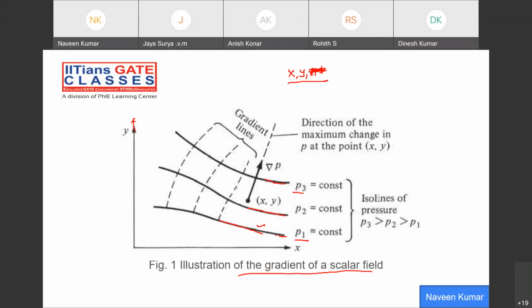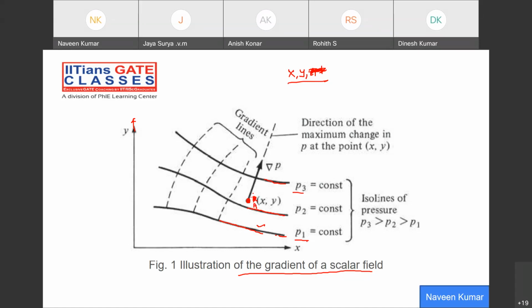So at any point, some point A, you want to calculate the maximum rate of change of pressure per unit length.